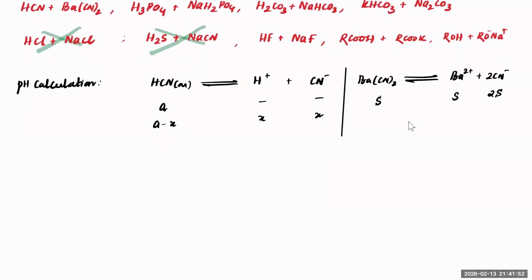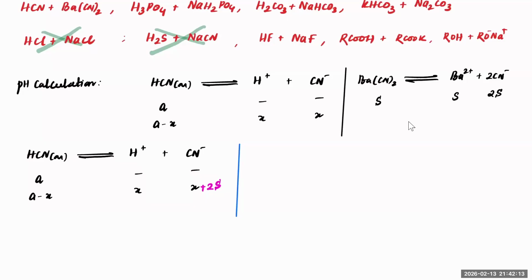So that means now this equilibrium, because of the presence of barium cyanide, has changed where you have X plus 2S as the concentration. Because of which now the ionization, the X value is very small now.